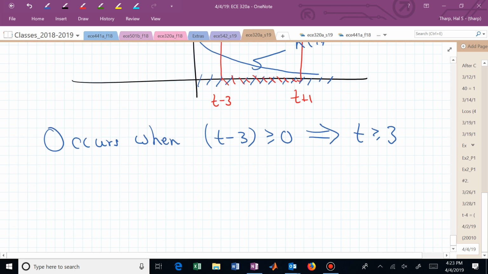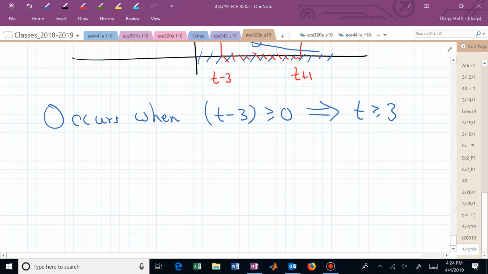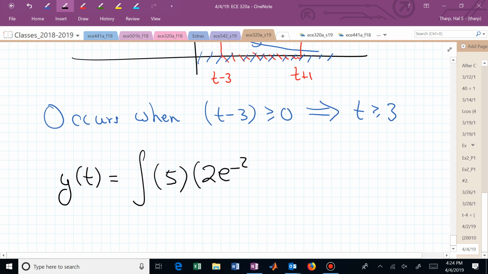And what do we have? Now we need to find out what y of t is during this exciting time for t greater than or equal to 3. y of t is the integral of x of t minus lambda times h of lambda d lambda.